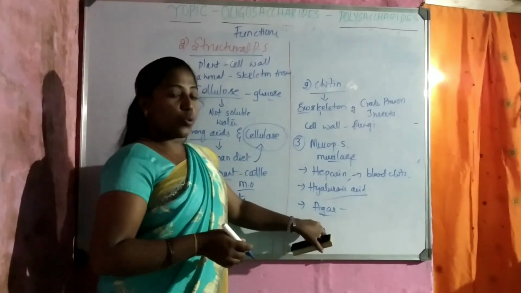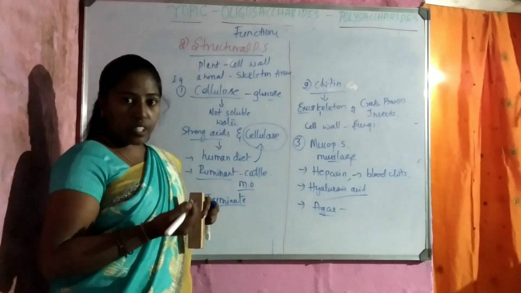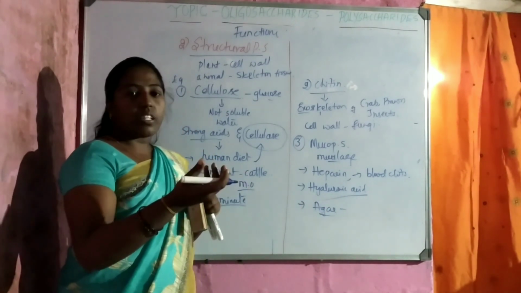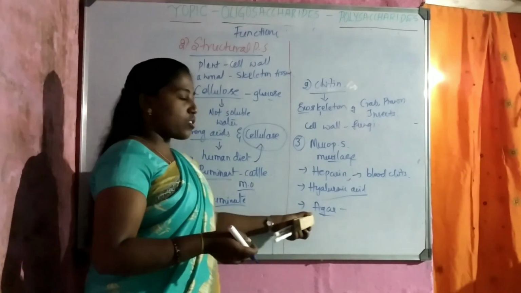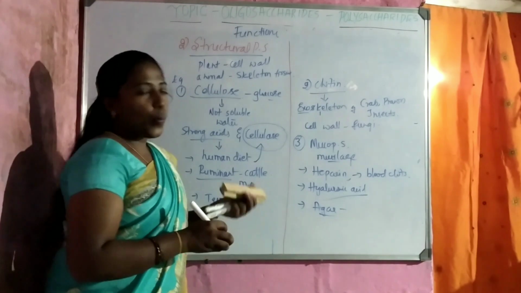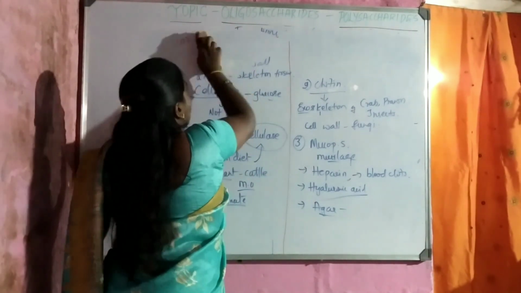It is used as a nutrient medium for the growth of microorganisms. Even in industries, like in the preparation of ice creams, agar is also used. So this is regarding the mucopolysaccharides.